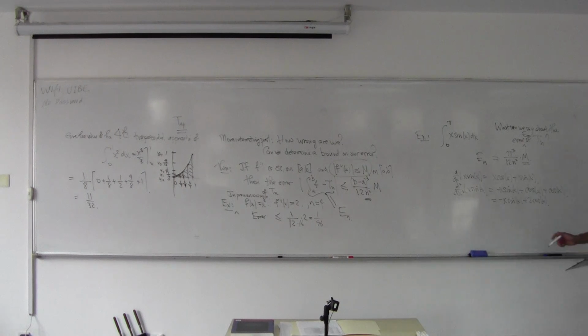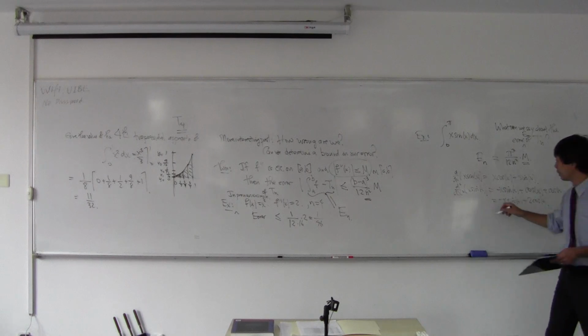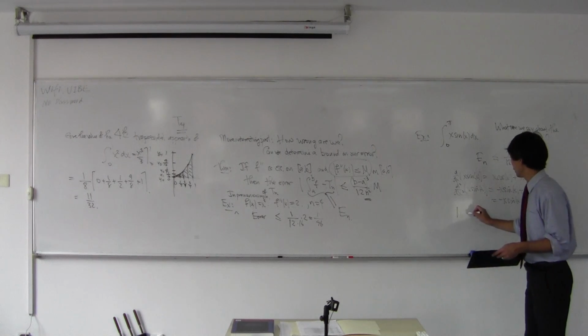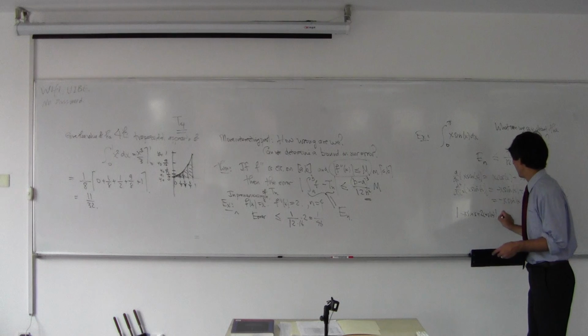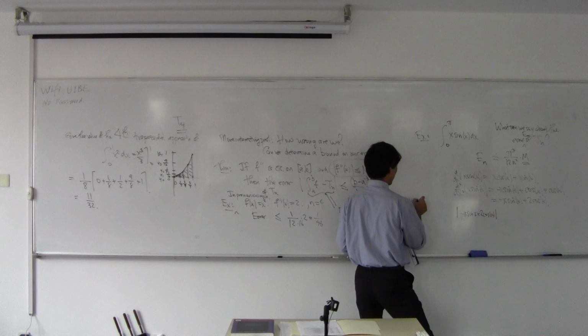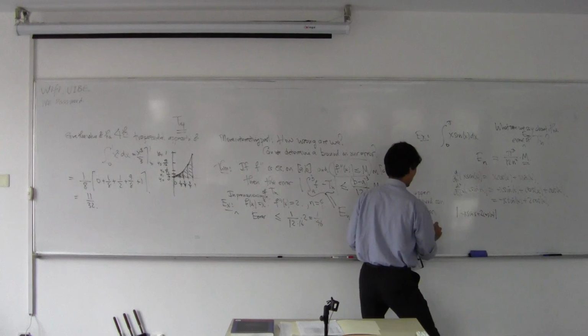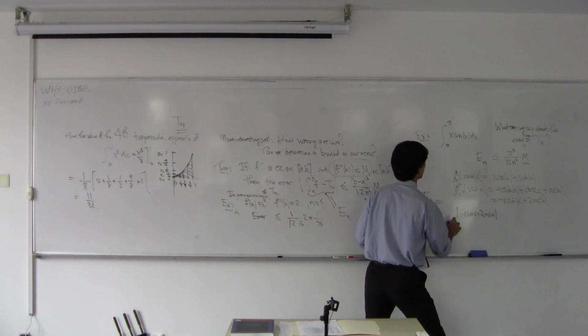And what we're hoping is to get some control on the size of this thing. So let's look at the absolute value of this. What upper bound can we get on this when x is between 0 and pi?